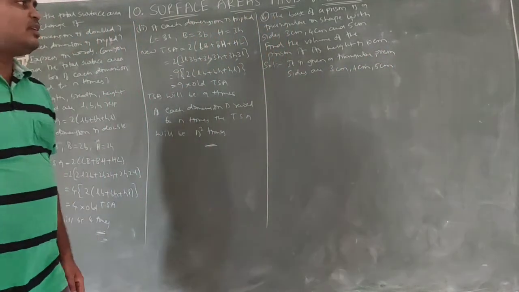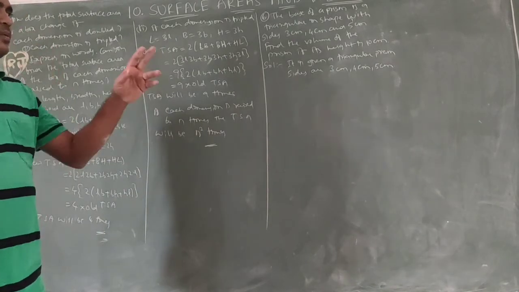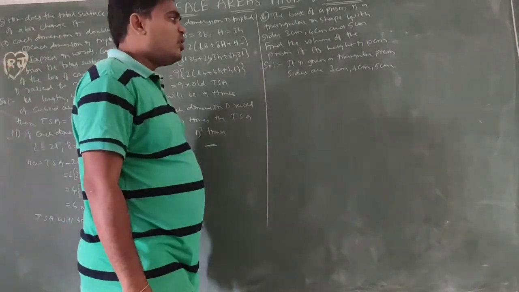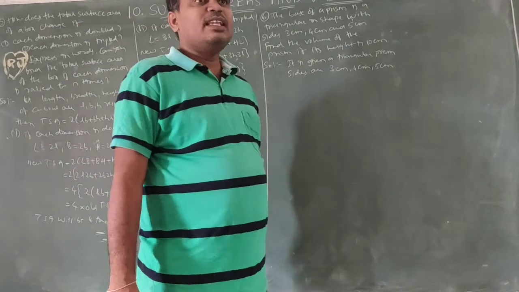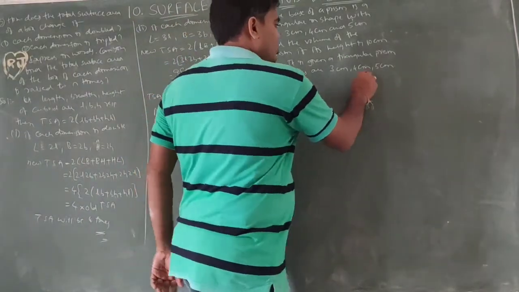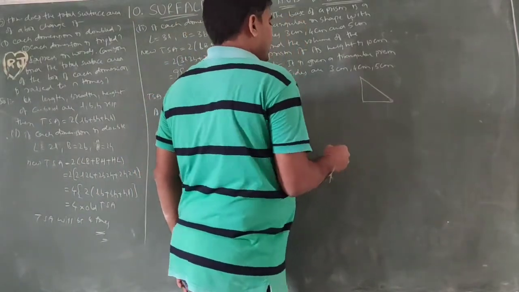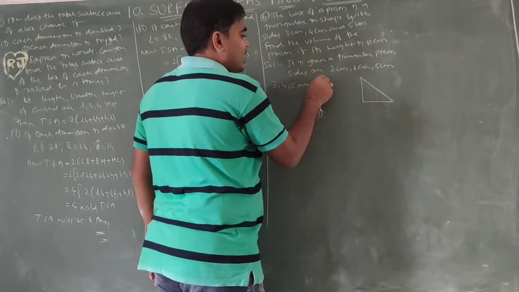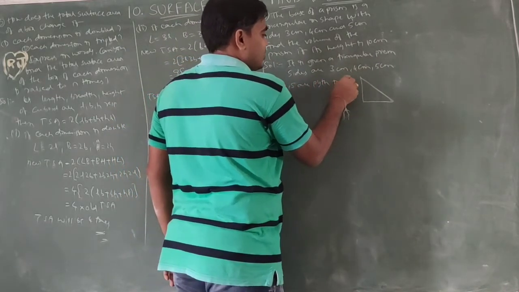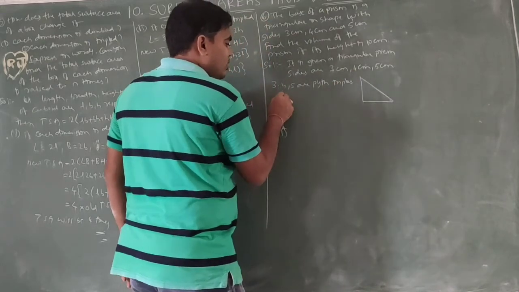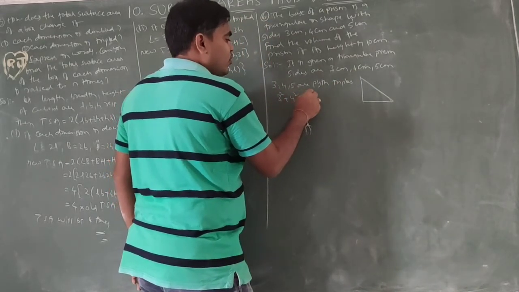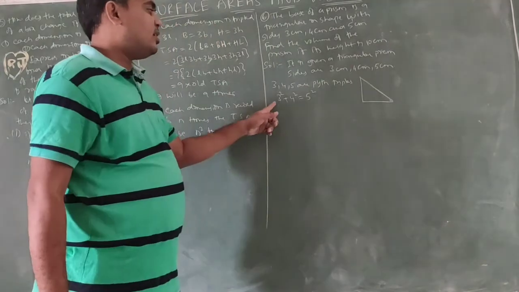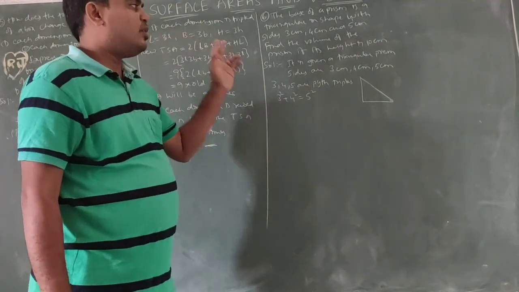If we observe, 3, 4, 5 are Pythagorean triplets, so this is a right angle triangle. 3 squared plus 4 squared equals 5 squared: 3 squared is 9, 4 squared is 16, 5 squared is 25.